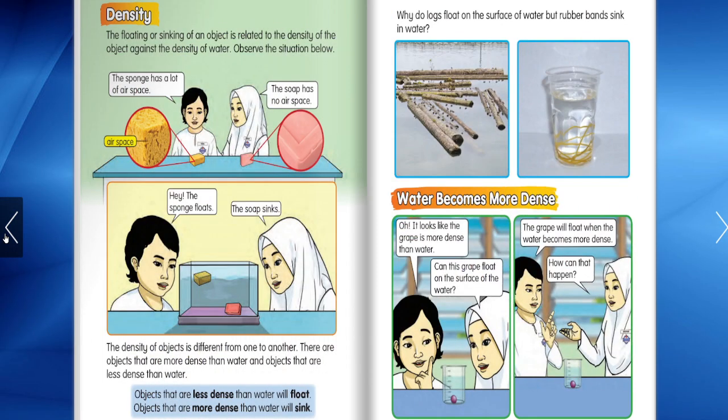So any object which is less dense than water will float. Objects that are more dense than water will sink. Basically, whether an object will float or sink depends on the density of the object.